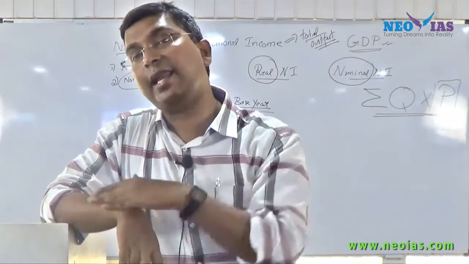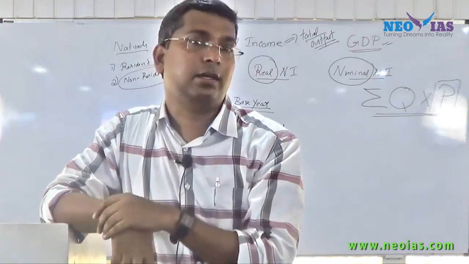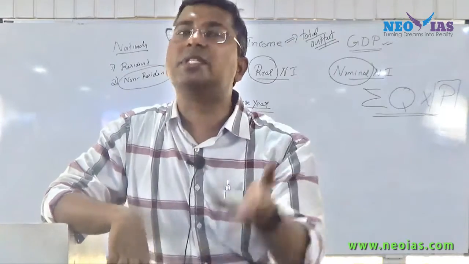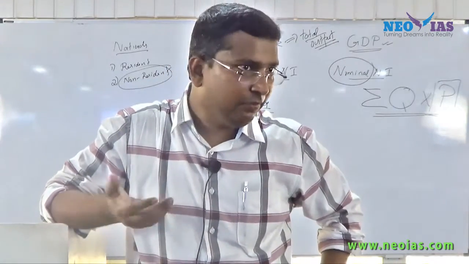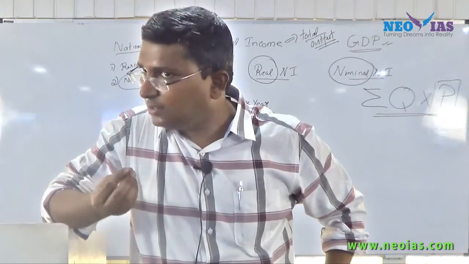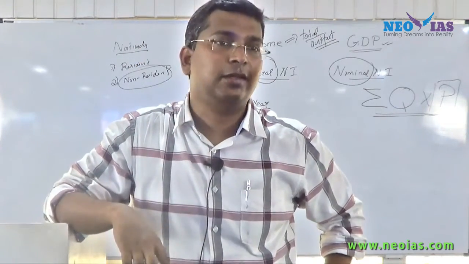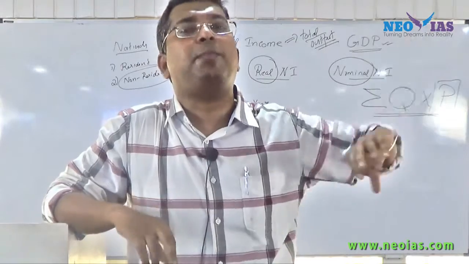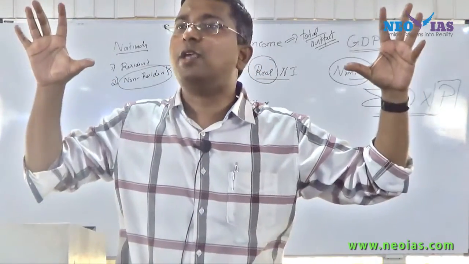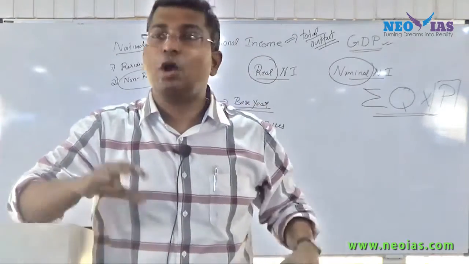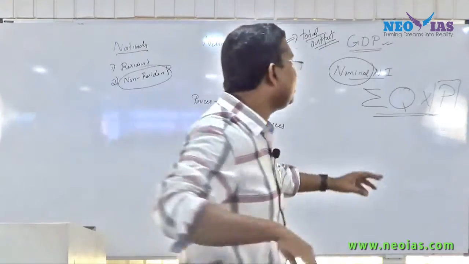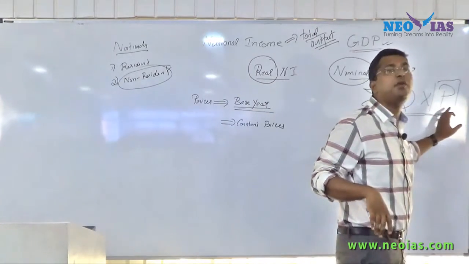Now suppose this can happen for a particular year. The price of goods and services is quite high in that year. Then when we calculate national income under current price, there will be a huge increase in the national income, not because quantity has increased, but because the prices of that year have increased.